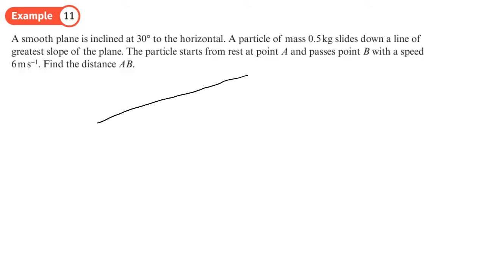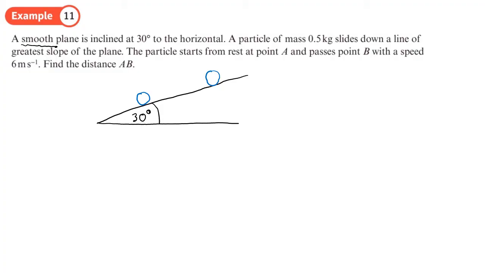Now you'll notice on this one there is no work done against friction. It's a smooth plane, so there's not going to be any energy lost. So as it goes down the slope, it will lose potential energy, it will gain kinetic energy, and those are going to be equal because no energy is lost because it's a smooth slope.